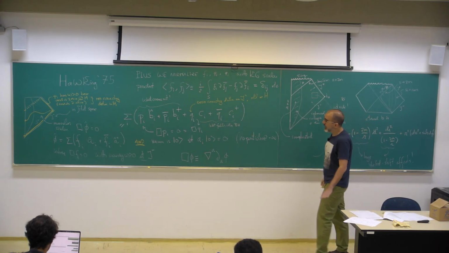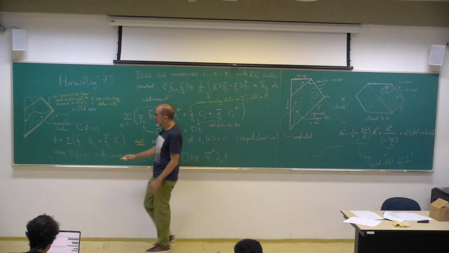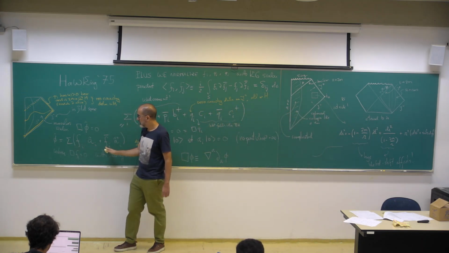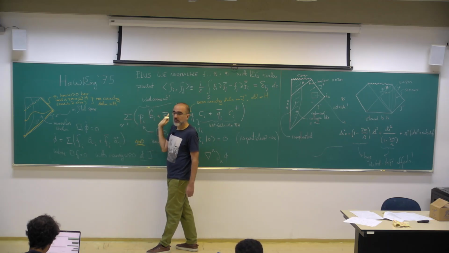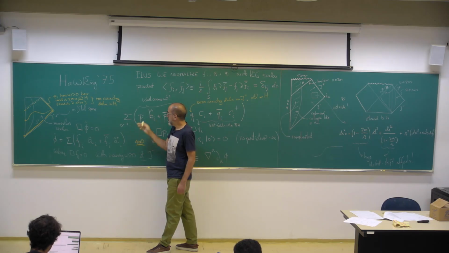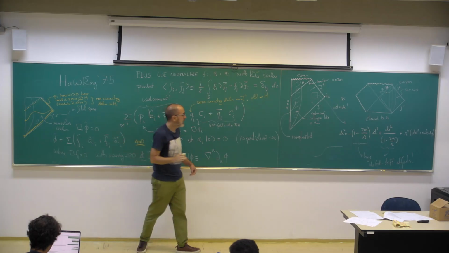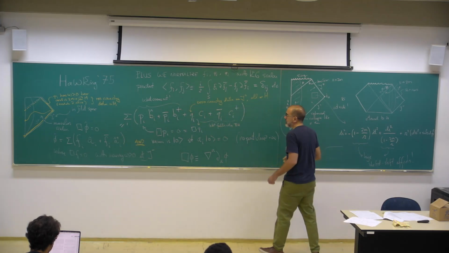Okay, so again, I have a field. This is a complete basis, so I can decompose it. This is also a complete basis, right? Because it's again a Cauchy surface, and I pick a full Cauchy surface and I decompose them all, so I can also decompose it. But because these are two complete bases, there is a relation, a change of bases between the two. I can write the p's as a function of the x's, or the x's as a function of the p's, and so on. Okay?